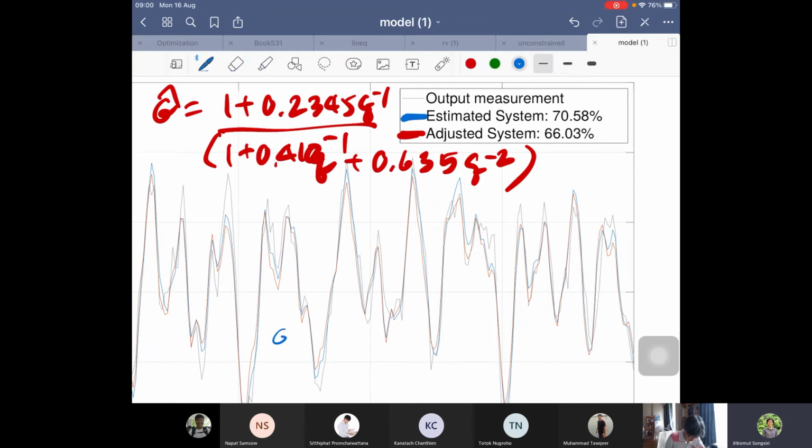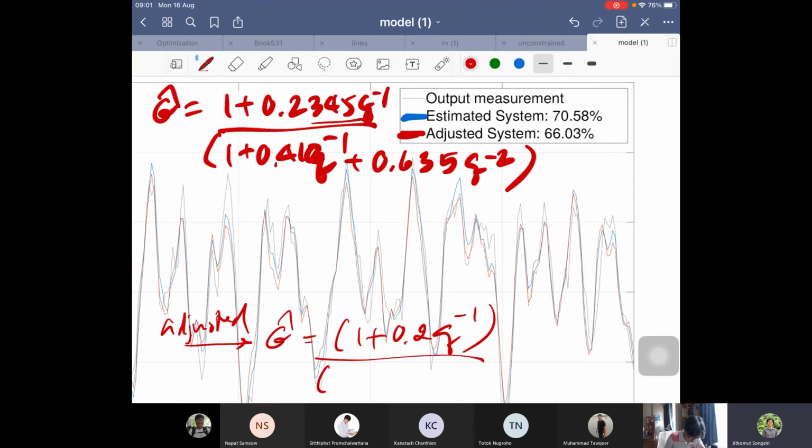I hope you're not confused. This is the adjusted one. I adjusted it manually: this has 4 decimal digits, and I just approximate it as 2.2, like this. This is the adjusted system.